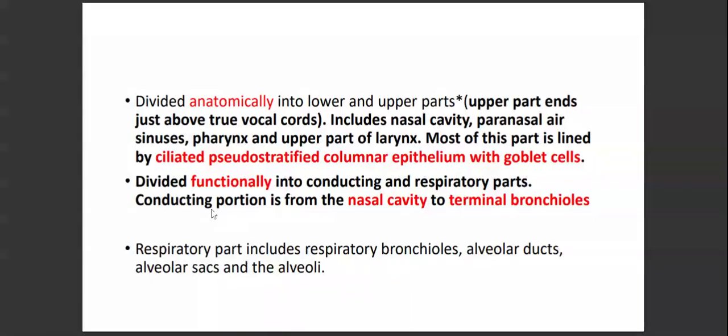So the conducting portion of this system is from the nasal cavity, the nose here, up to the terminal bronchioles. That is our conducting part in terms of the functional division. Then from the level of the respiratory bronchioles up to the alveoli, that is the respiratory part of this system.